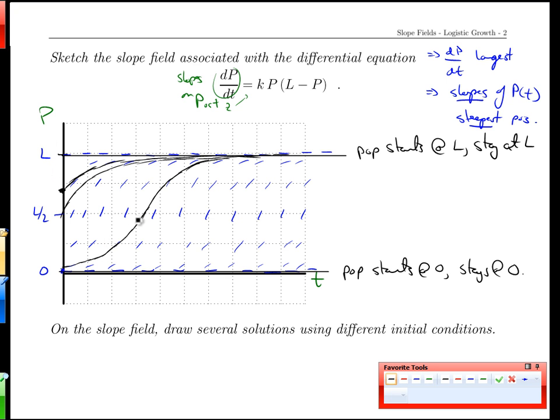But then as the population reaches this transition point, here it's L over 2, we see the rate of growth slowing down, and again we move up towards the limiting population L and get there more and more slowly as time goes on.